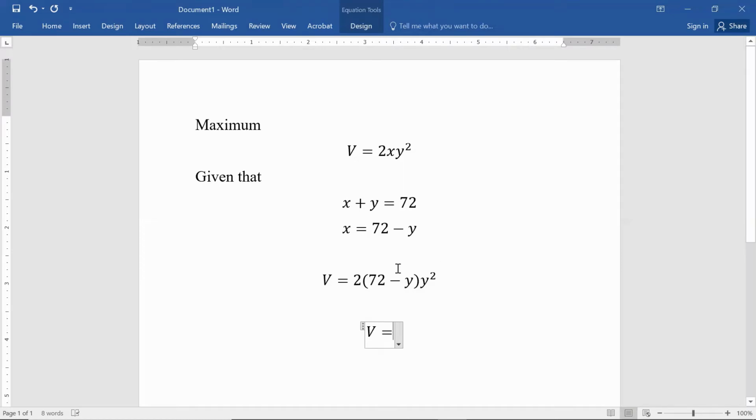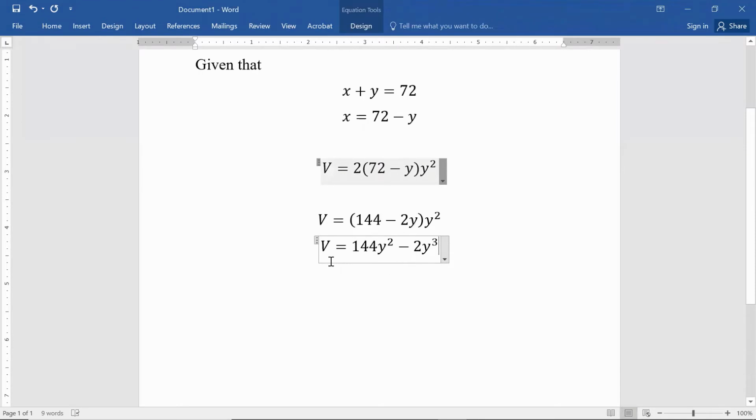V equals 2 times 72 is 144 minus 2 times y squared. Simplify it once more. V equals 144y squared minus 2y to the third.